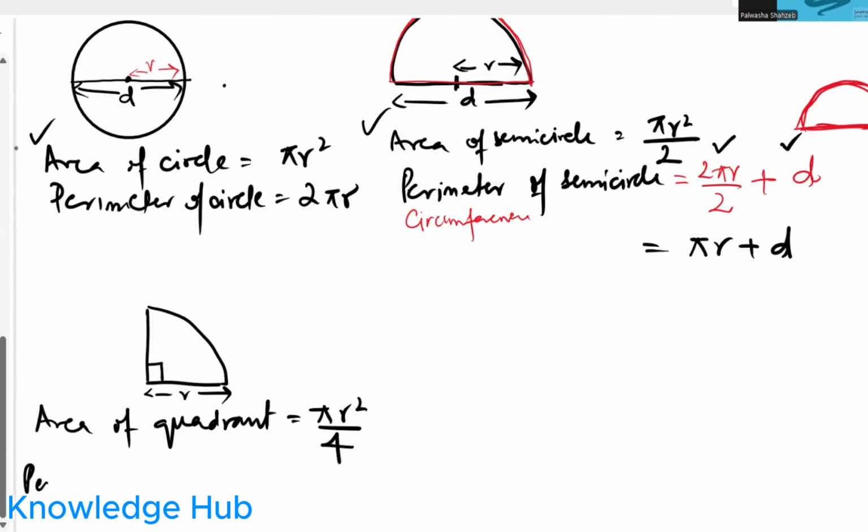Now, let's talk about the perimeter of a quadrant, as it's an outer boundary only.